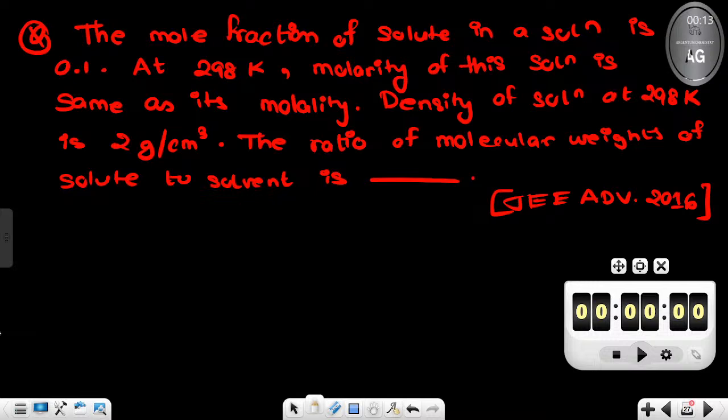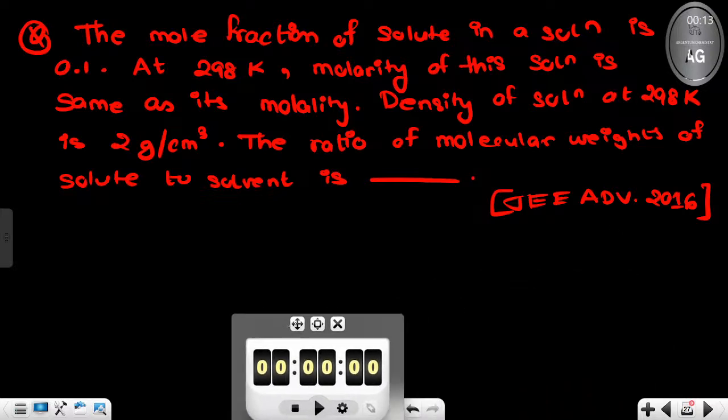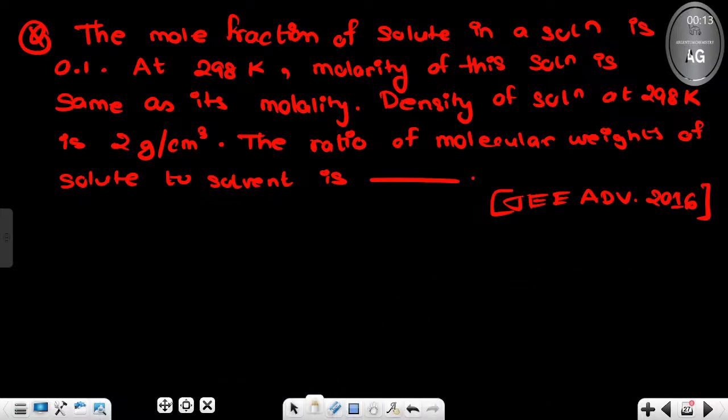Let's see what the question means. The mole fraction of solute in a solution is 0.1. So I can find the mole fraction of solvent, that is 0.9.